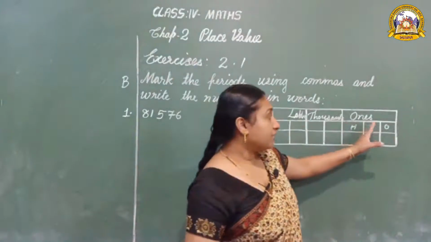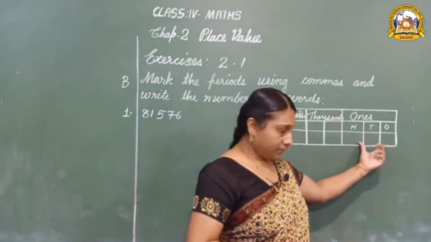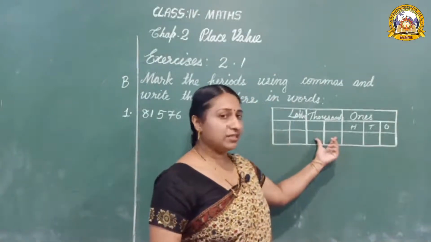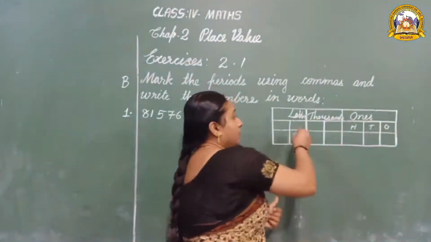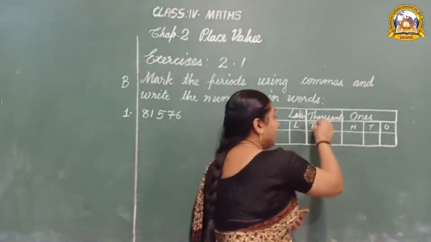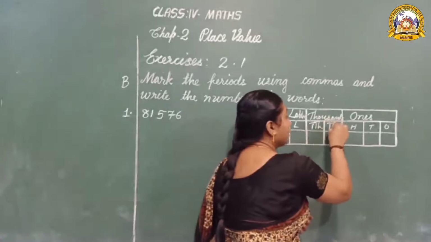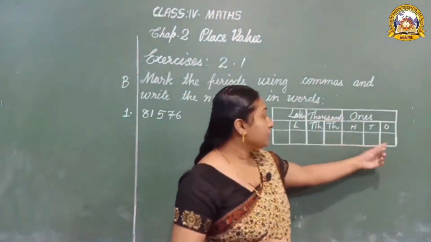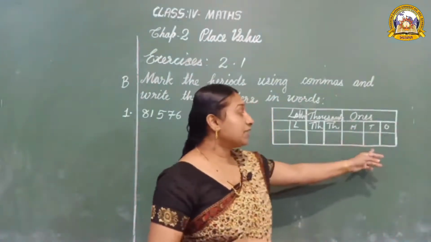Here we can see in ones period there are 3 digits. In thousands period there are 2 digits. Then for lakhs, in thousands period which are they? 10,000 and 1,000. Okay, and lakhs period. First ones period. How many digits are there?